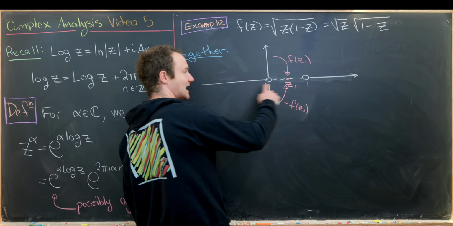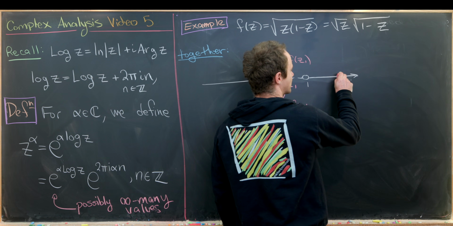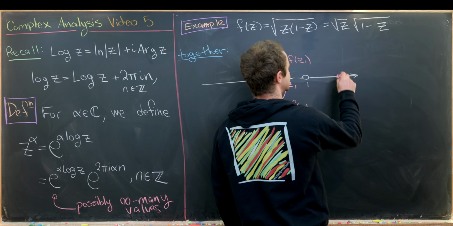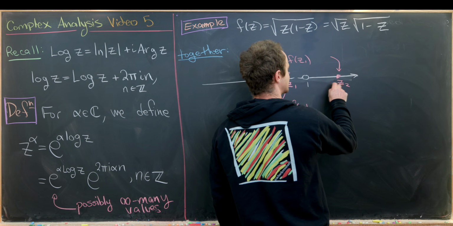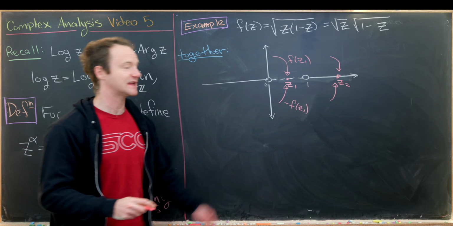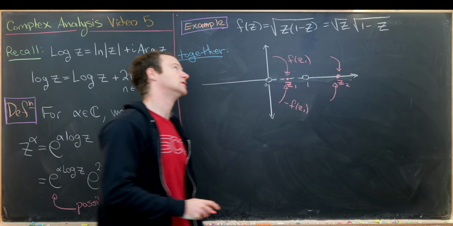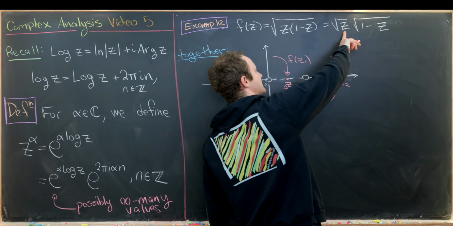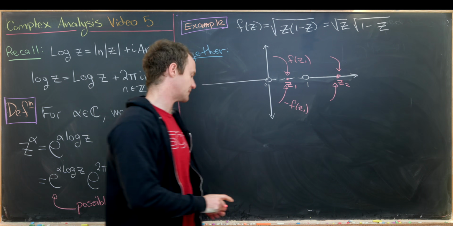But if we're outside of this region, for instance, over here, let's call this z2, then these are going to be approaching the same point again, because those phase factors cancel. We'll pick up a -1 phase factor from this and a -1 phase factor from this.